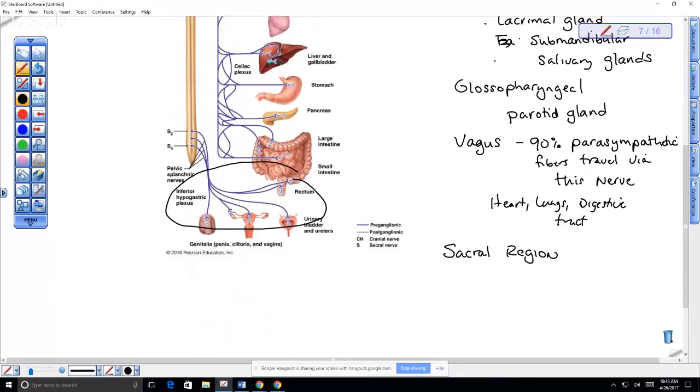This innervates reproductive structures. It innervates the rectum and lower large intestine. And it innervates the bladder and ureters.